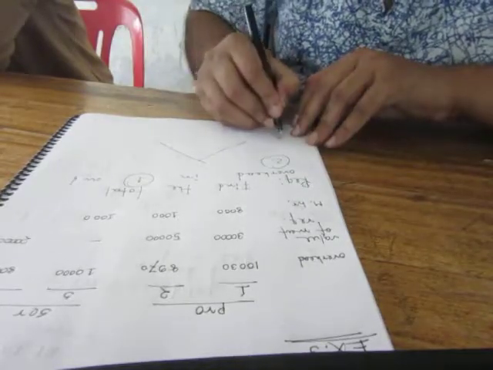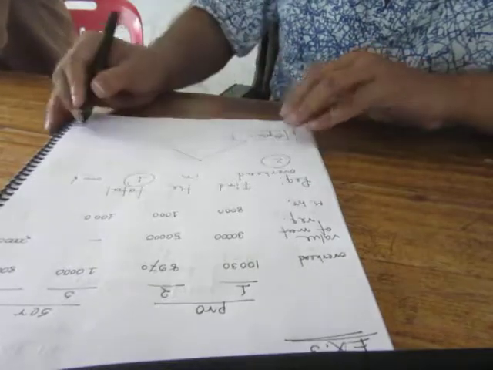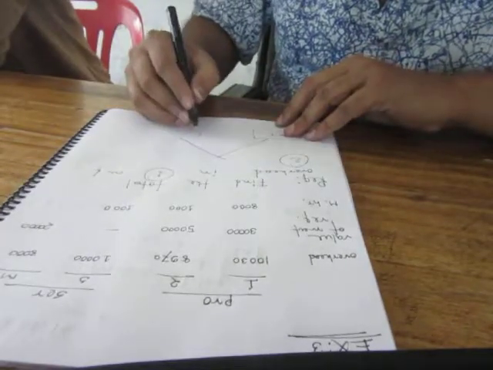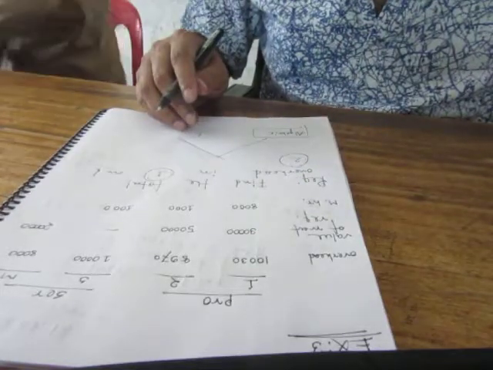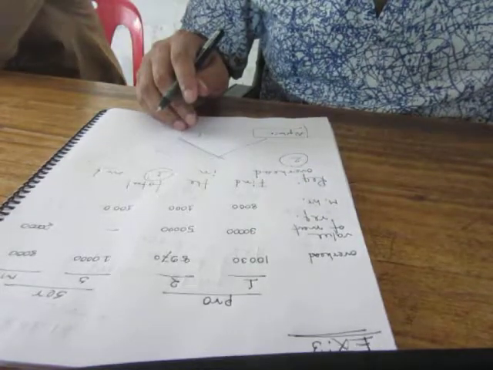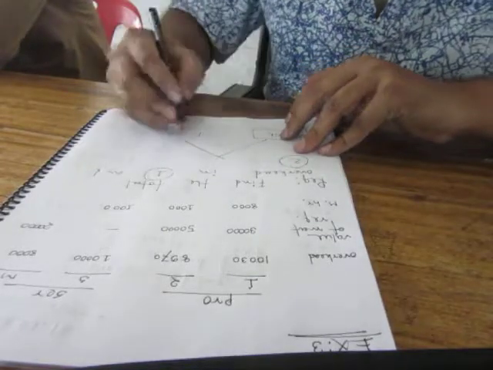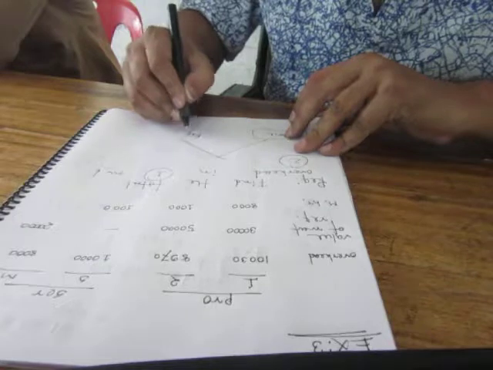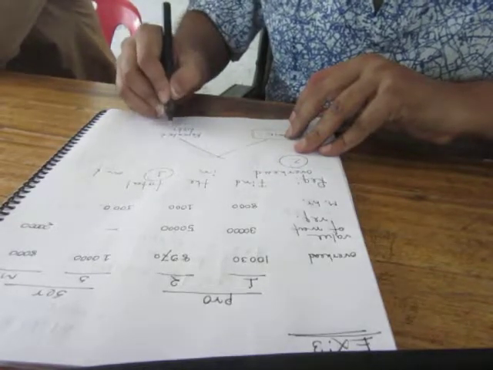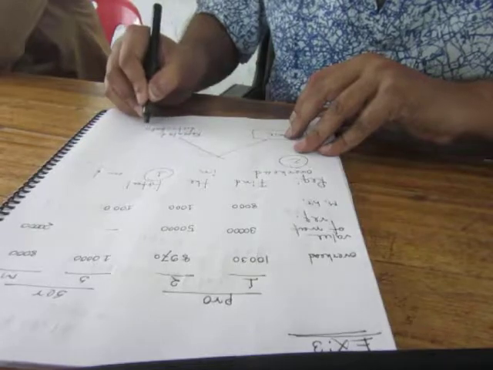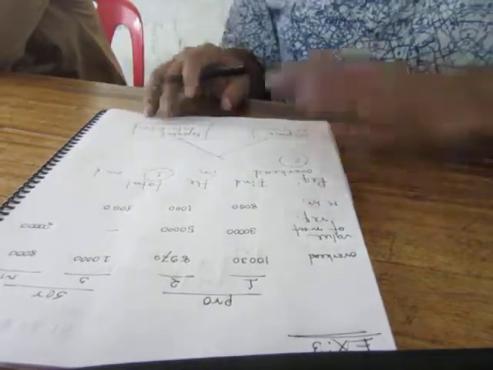One is algebraic and the other is repeated distribution. There are two different ways we can do this.